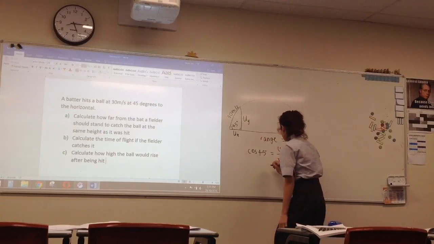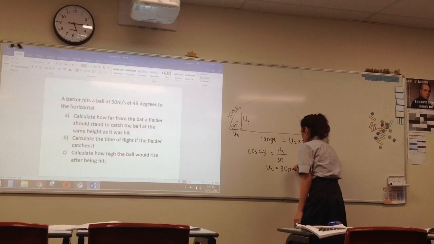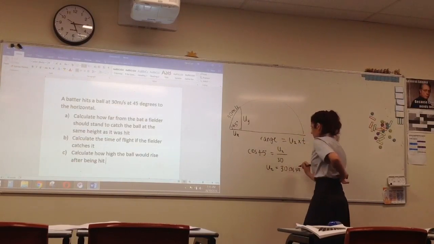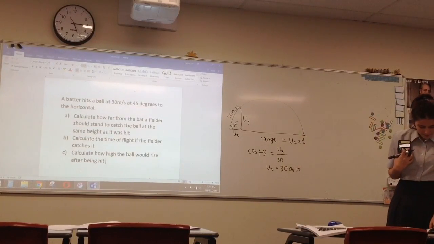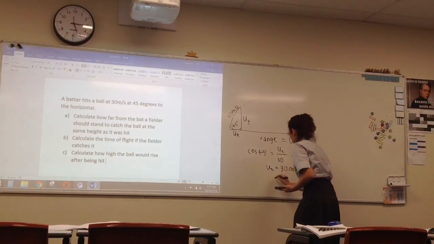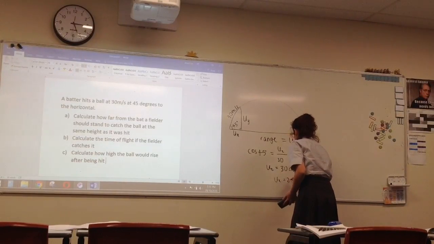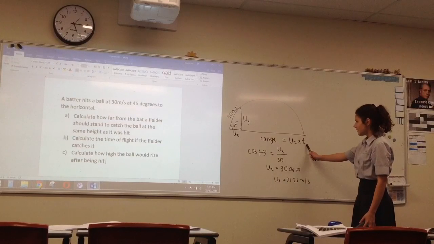And then ux equals 30 cos 45, and when you calculate that, that gives 21.21 meters per second. So we found ux, and now we have to find t.